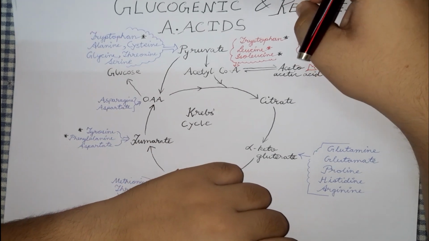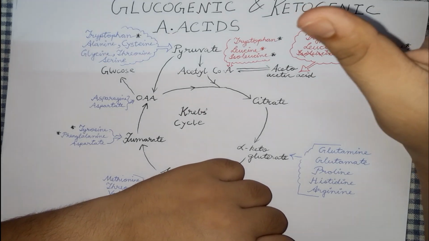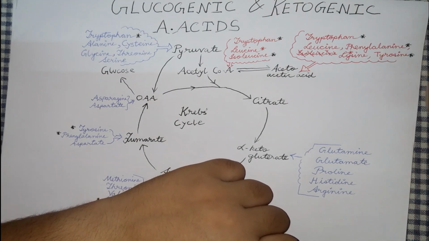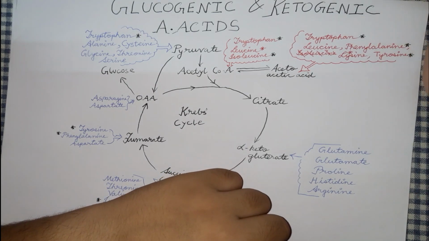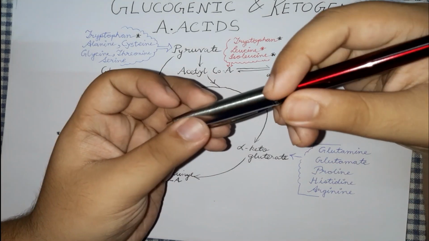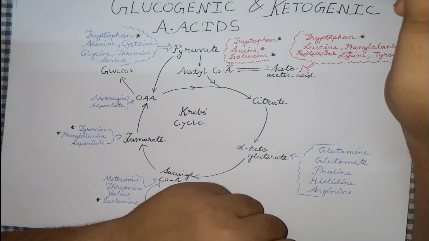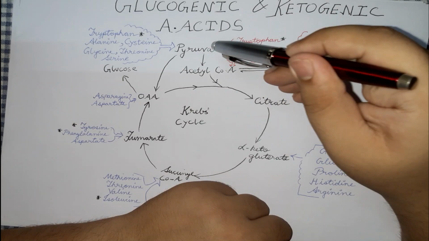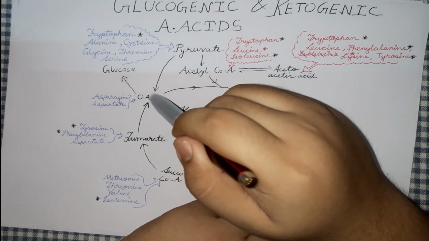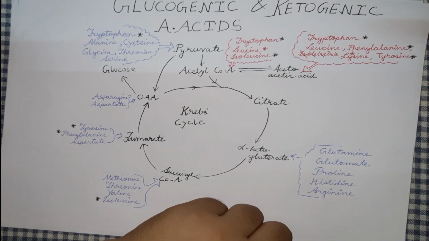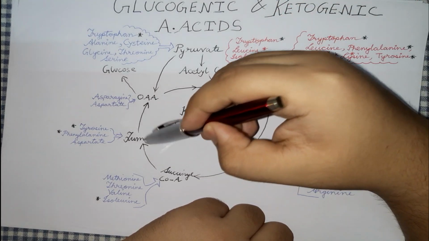What we see is that after the metabolism of the carbon skeleton that is left, all the 20 amino acids that are present in our body ultimately form one of these 7 metabolites, right?